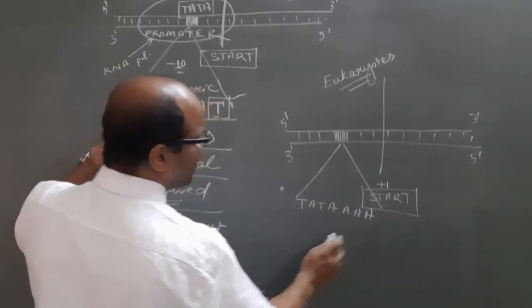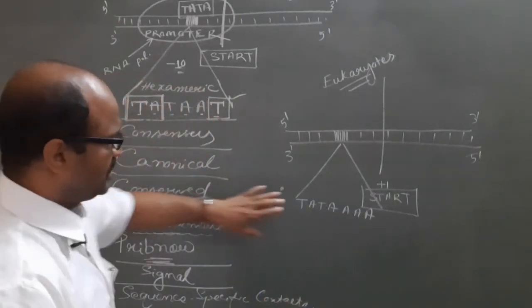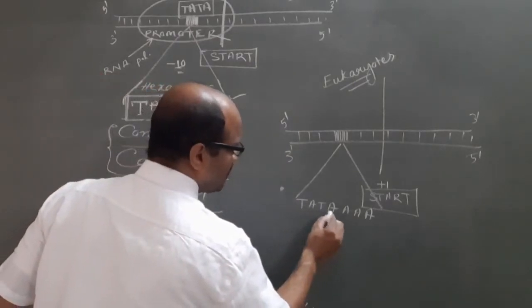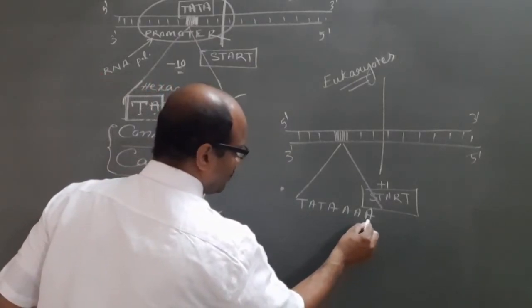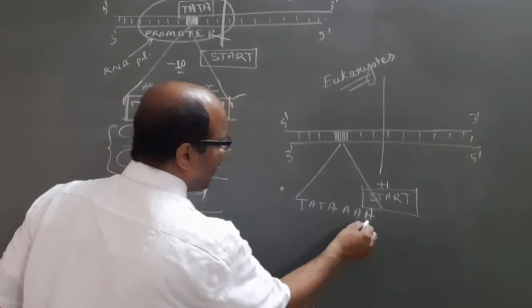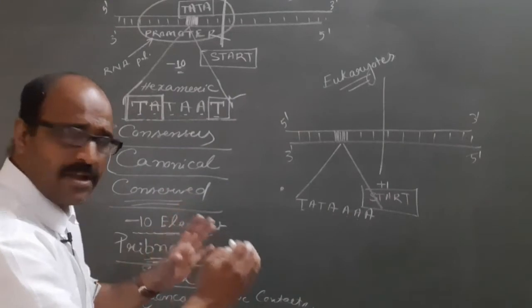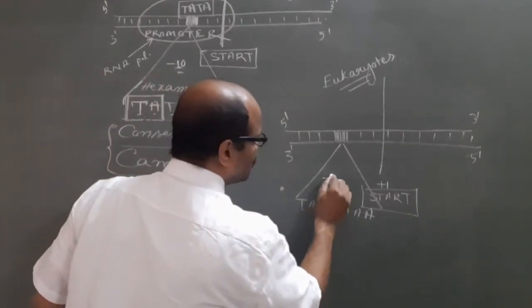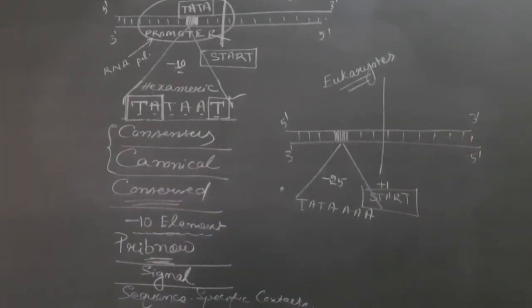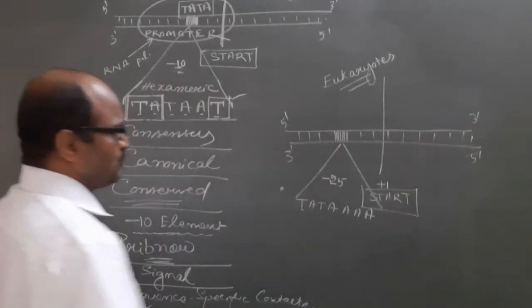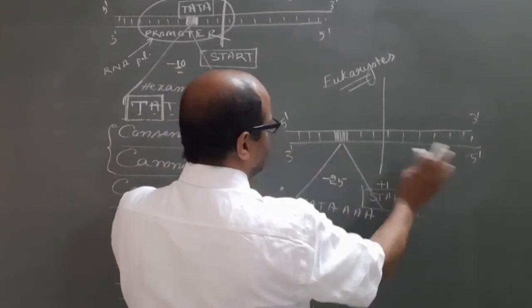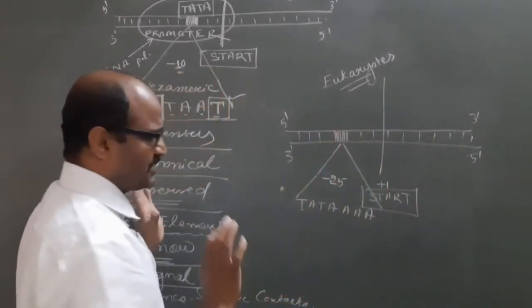So here 7 nucleotides are present, and the sequence is TA. So thymine, adenine, and it is centered at -25. Okay.